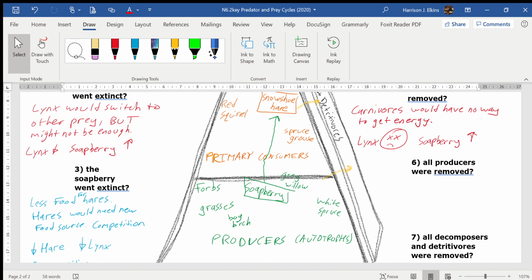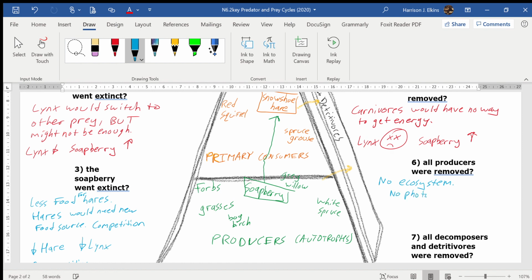Okay, so what would happen if all the producers were removed? If we removed all the green things down here, what would happen? Well, there would be no ecosystem. And that's because you'd have no photosynthesis.